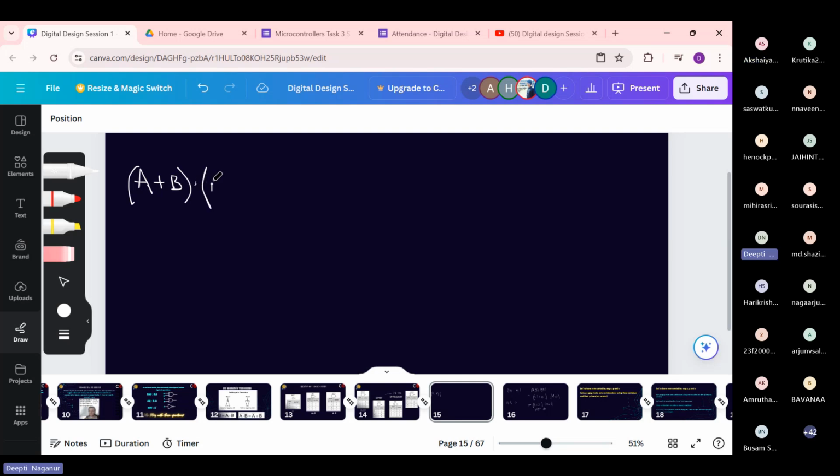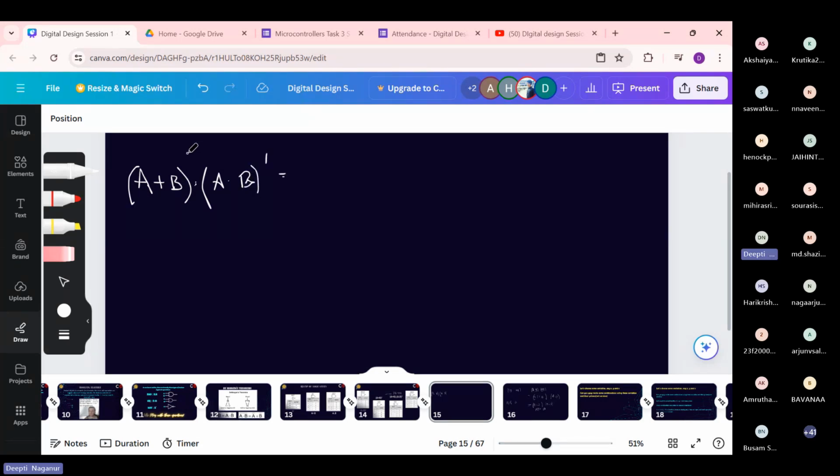Actually, in the slide, it was a plus b dotted with a plus b prime, which was not right. It was supposed to be a dot b prime.